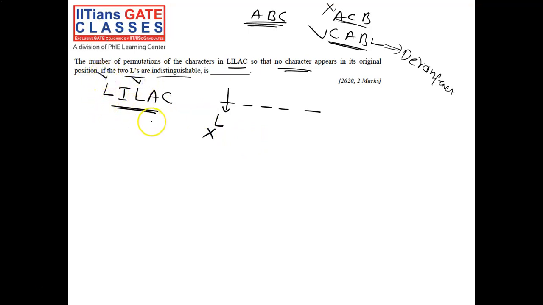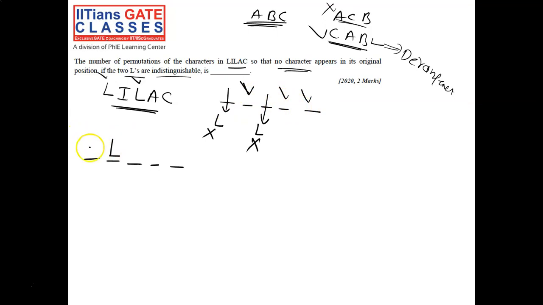So when we say that no character appears in its original position, L cannot appear in the first position, and also L cannot appear in the third position. So what are the possible positions for L? The possible positions for L are second, fourth and fifth.